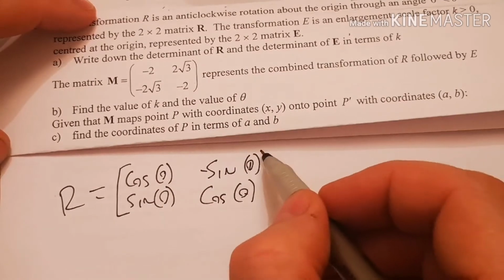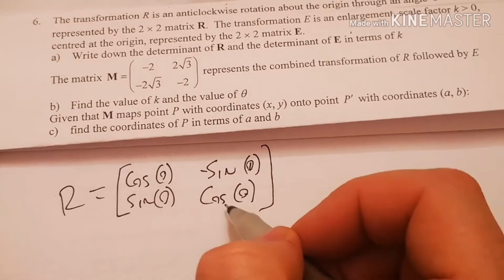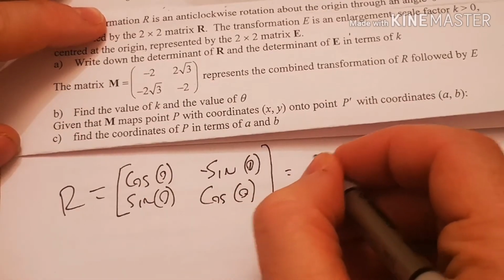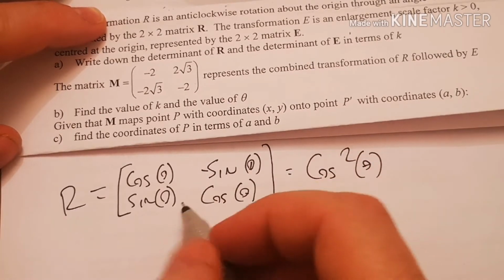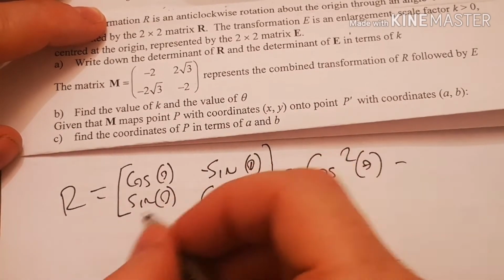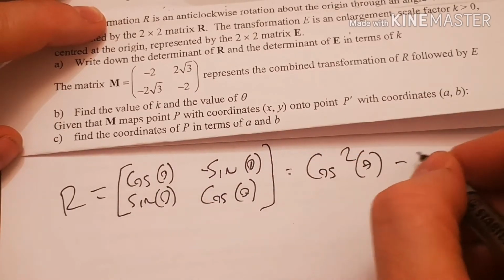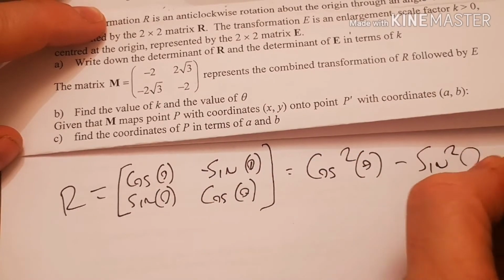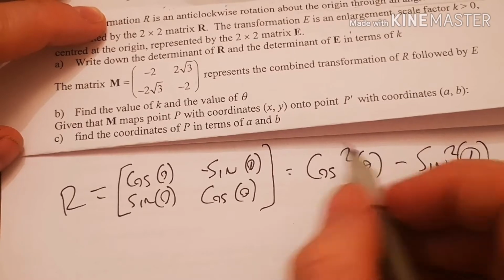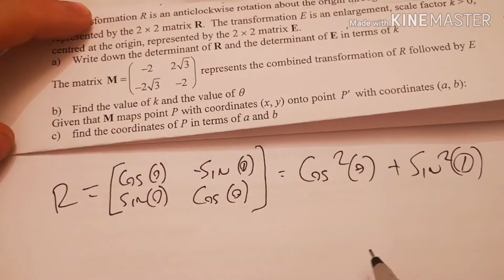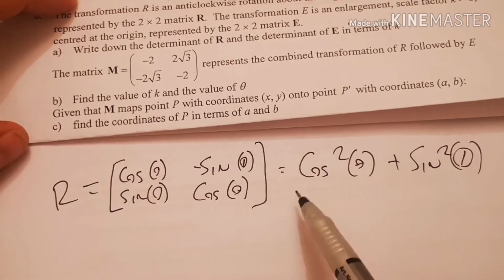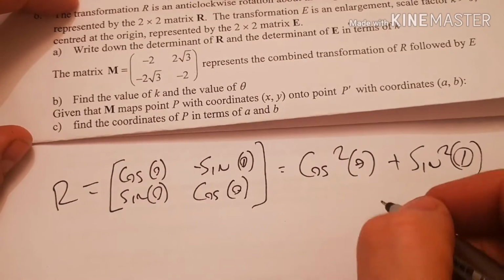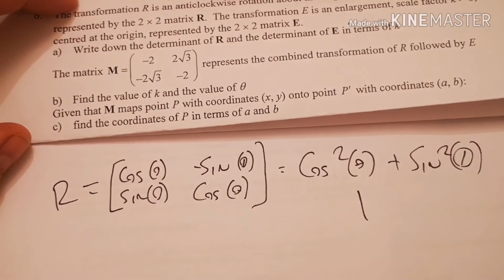So my determinant for this one here would be these two times together, which is actually cos squared theta, and then those two minus these two times together. This actually gives me negative sine squared theta. But because we're already minusing and there's a minus there, it actually becomes plus. If you've done your A level, remember your A level, this is actually a trig identity. Cos squared plus sine squared actually equals 1. So the answer is 1.